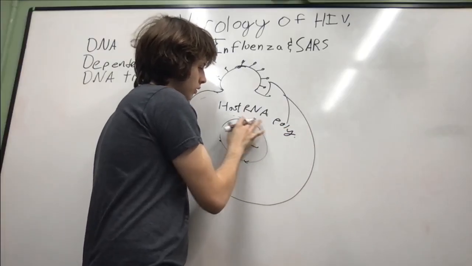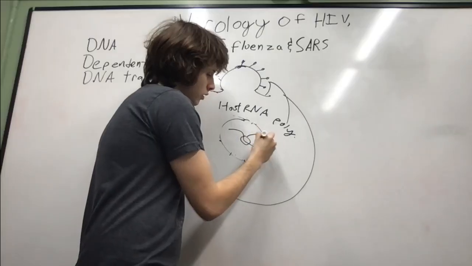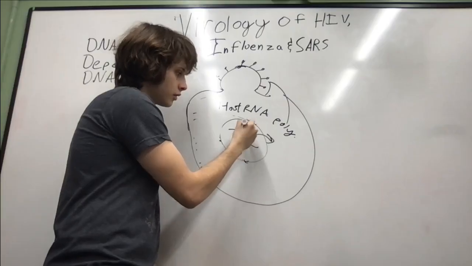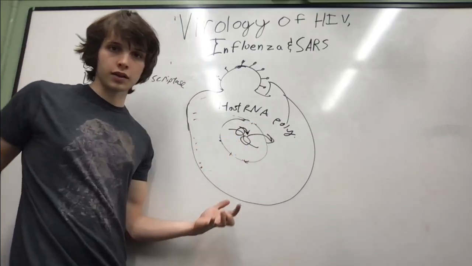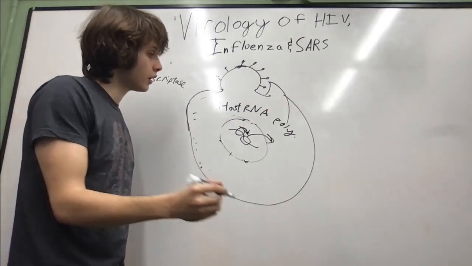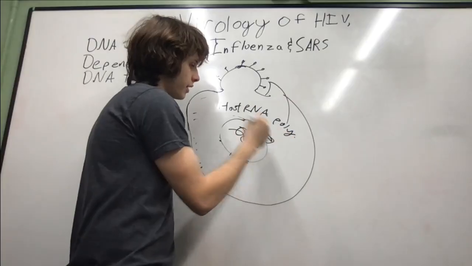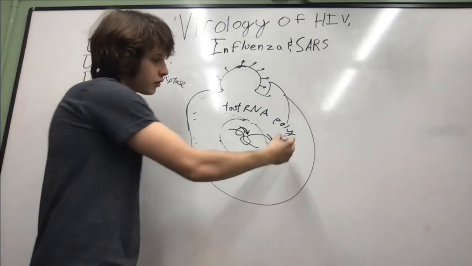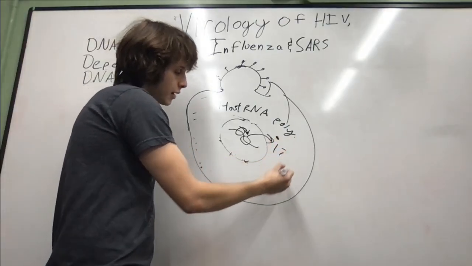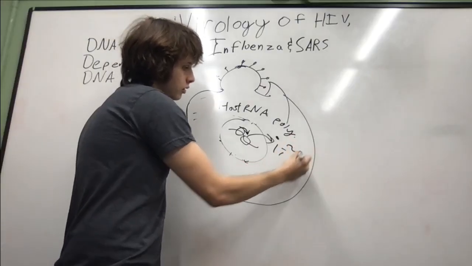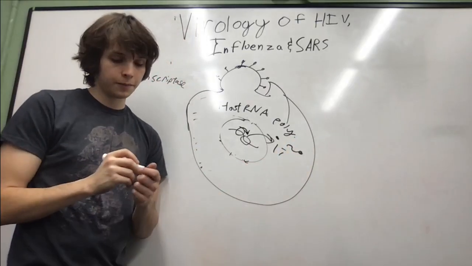So as this gets read off via transcription, it's not forming the wrong kind of stuff, right? It's forming viral nucleocapsid proteins. It's following the regular capsid. It's forming more viral RNA, sense RNA.